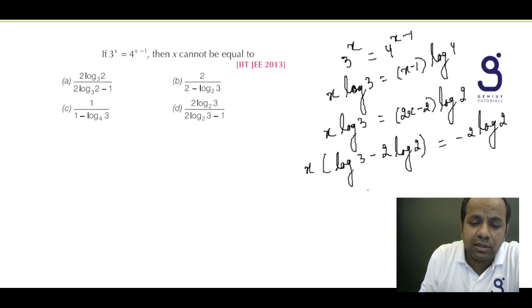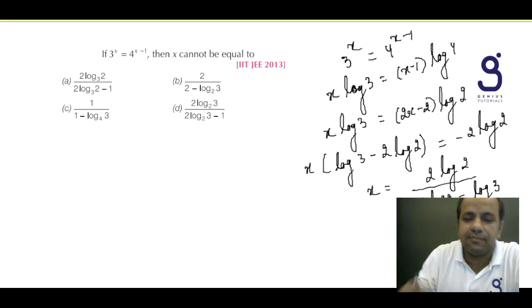Okay, you can rewrite it as 2 log 2 upon 2 log 2 minus log 3.